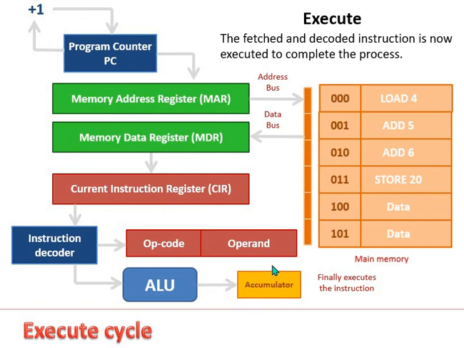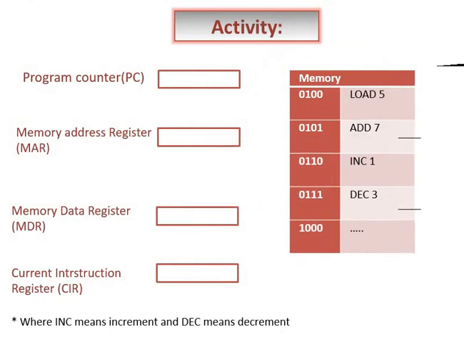So the purpose of the load 4 instruction was to load the accumulator register with the value 4, and with the help of this process the value 4 is loaded to the accumulator. Okay, so this is it with the lecture.